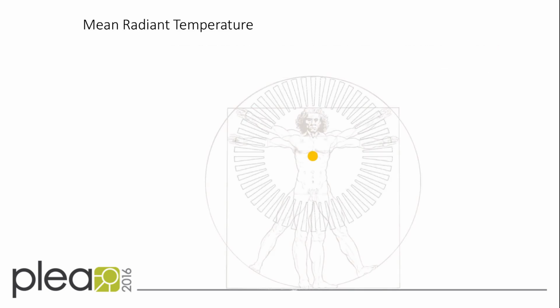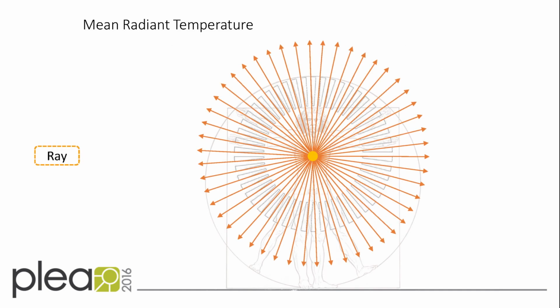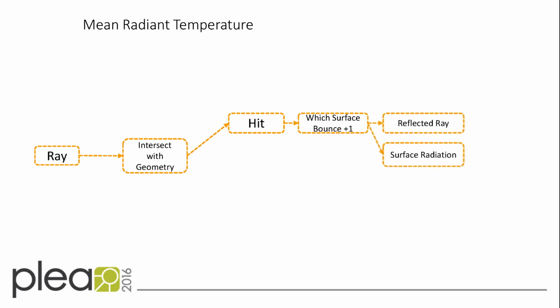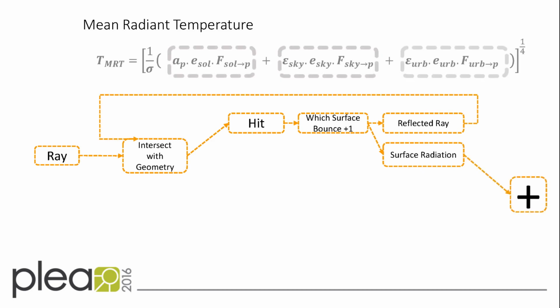In summary, the process starts with shooting the vectors similar to the backward ray tracing process. If the vector heats the surface, we need to gather the surface properties and information and calculate the reflected ray. The surface radiation result goes to the total MRT, and the reflected ray goes back to the starting point.